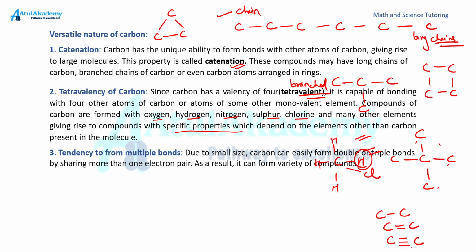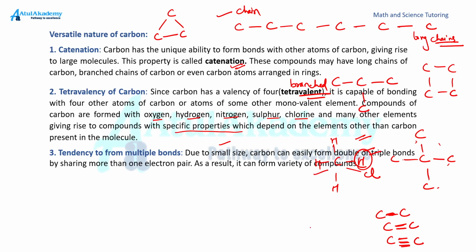Double, single, triple bonds refer to the number of electrons being shared. Here only one pair of electrons is shared, here 2 pairs of electrons are shared, and here 3 pairs of electrons are shared. Due to its small size, carbon can easily make double or triple bonds by sharing more than one pair of electrons, which also results in a variety of compounds.